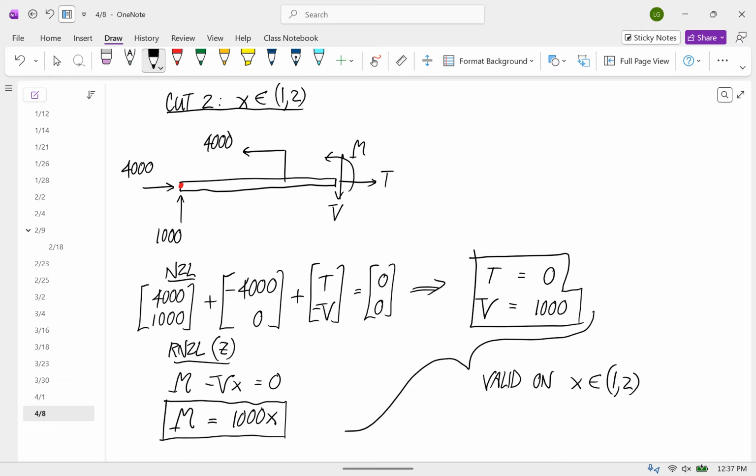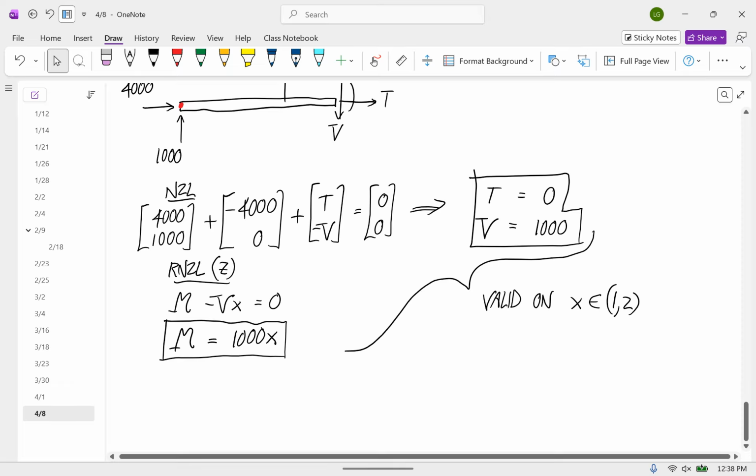So the biggest absolute value of normal stress is always going to be when the direction of the normal stress due to tension is the same as the direction of the normal stress due to bending. So we're going to have to consider whether we're most concerned about points on the top or points on the bottom.